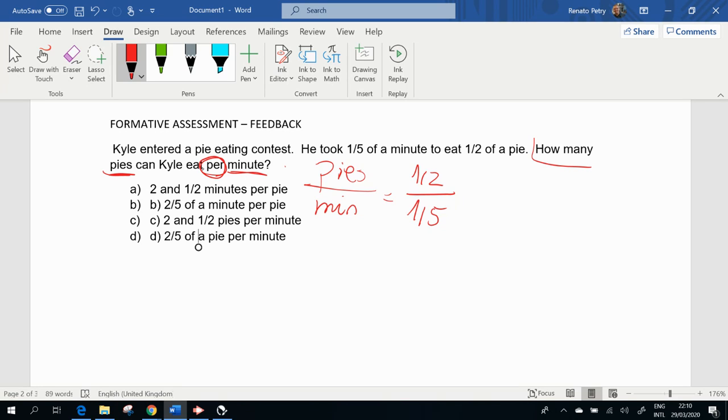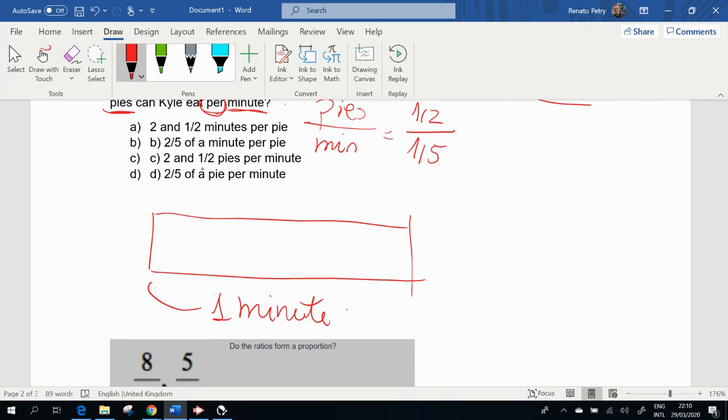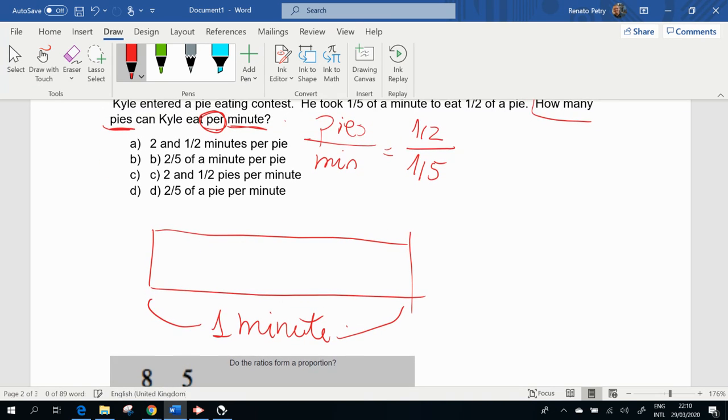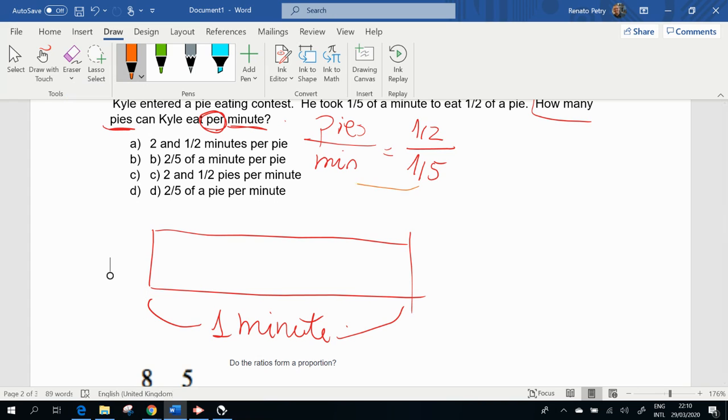I can have a bar here that represents 1 minute. If I have to represent 1/5 of a minute, which is what he ate in, I would have to split it into 5 small parts, and each part represents 1/5.